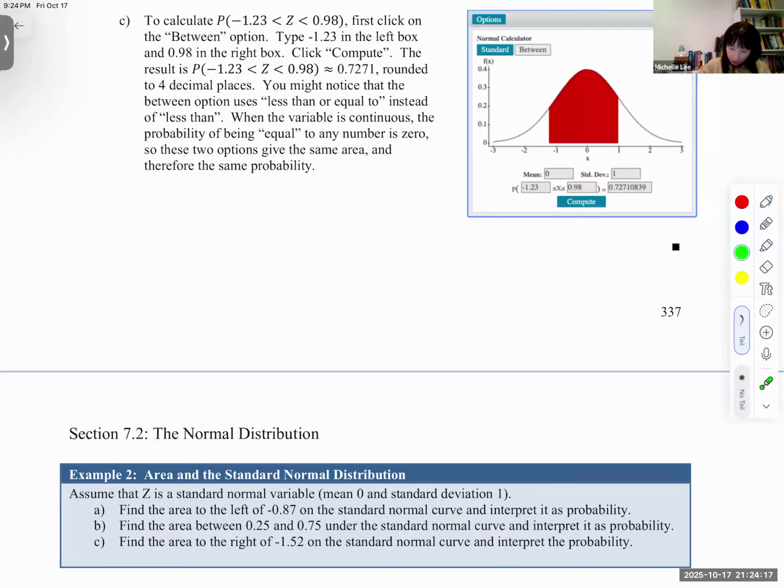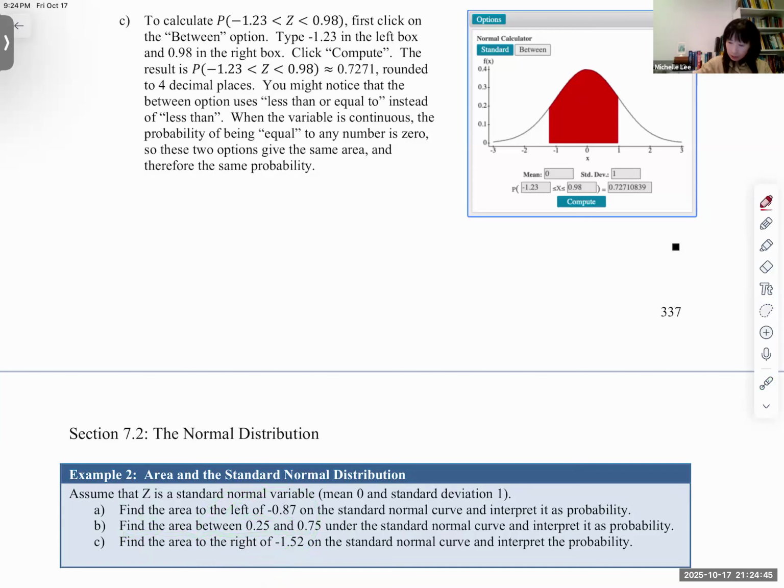Okay, so we have another question. Find the area left of negative 0.87. Find the area between 0.25 and 0.75. Find the area to the right of negative 1.52, right? So this is what we just did earlier, right?